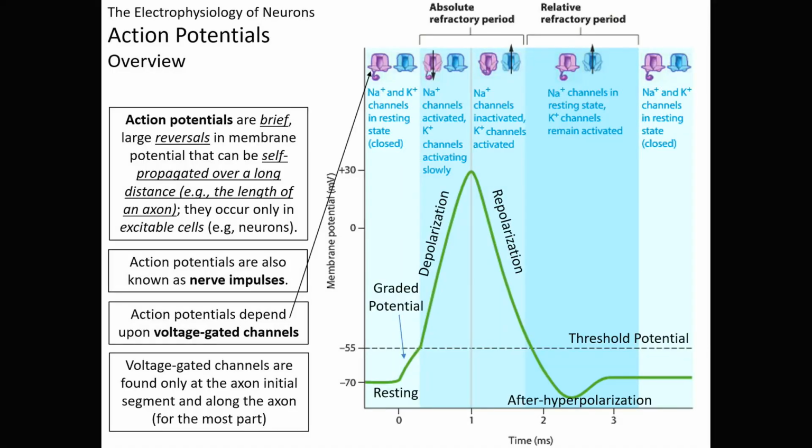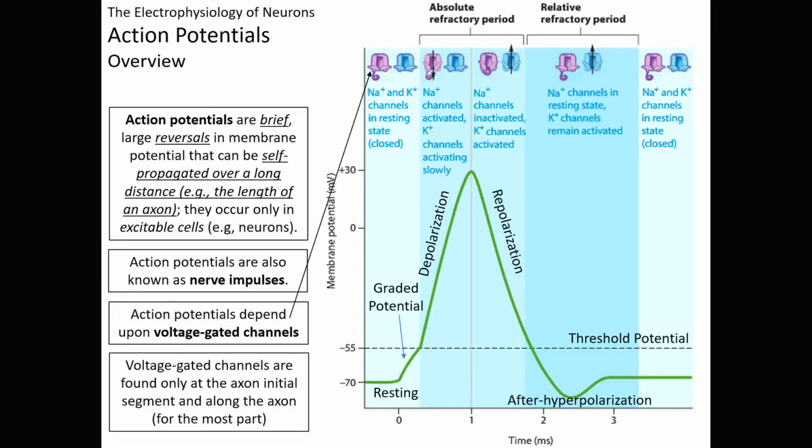And this we refer to as an after hyperpolarization, where the membrane potential has actually gone below, more negative than the resting membrane potential, getting very close to the equilibrium potential for potassium, because these potassium channels are closing very slowly, right? So there's still enough of them open for long enough to allow the membrane potential to get below the resting value.